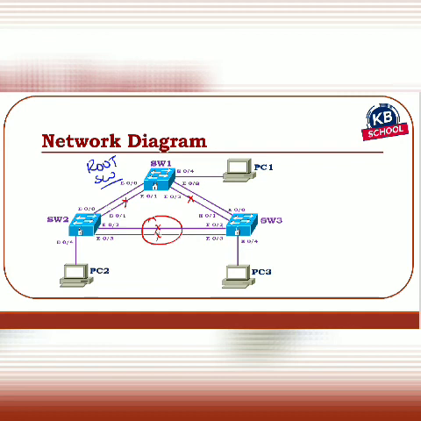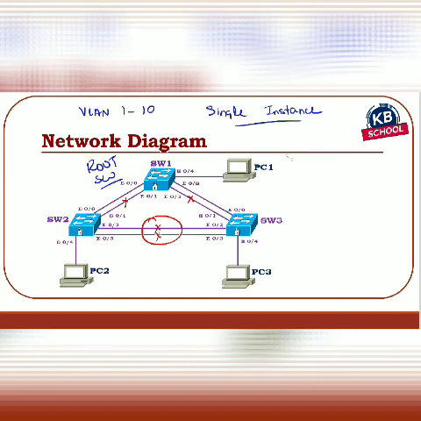Now, initially that was the case, but then Cisco introduced the concept of VLANs. Now you had multiple VLANs over here. So let's say I had 10 VLANs, VLANs 1 through 10. Now for all 10 VLANs, there was a single instance of STP. So this would be the root switch for the entire layer 2 topology, regardless of what VLAN.